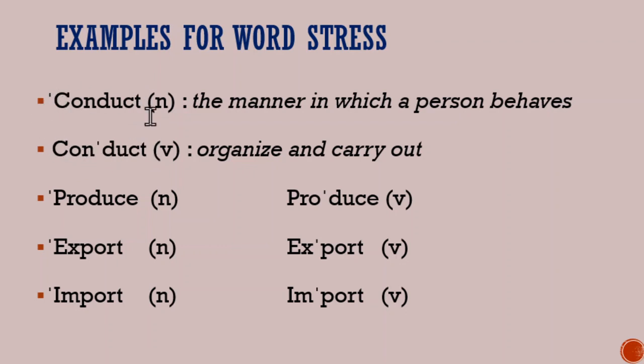Morphologically, they look the same. But here, this word is a noun, and the meaning is the manner in which a person behaves. My conduct during my college days was good, and so I am given a good conduct certificate. So the word conduct, which we are all familiar with, means how a person behaves.